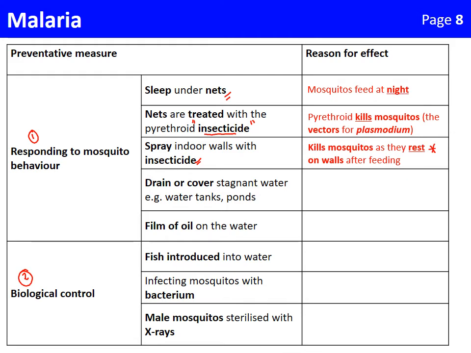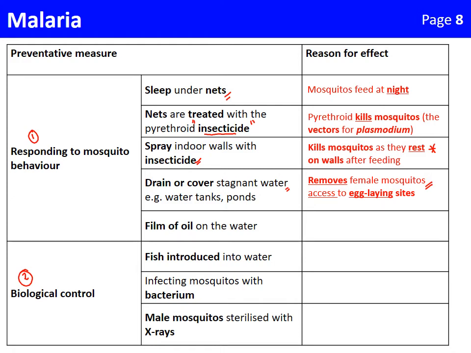We could drain or cover stagnant water. Now we know the adult female, when she's got her fertilized eggs, will lay them on the surface of the stagnant water, and the fertilized eggs then develop into larvae that obtain oxygen from the water. So if we drain these ponds or water tanks, etc., we remove the egg-laying sites of the adult female mosquito.